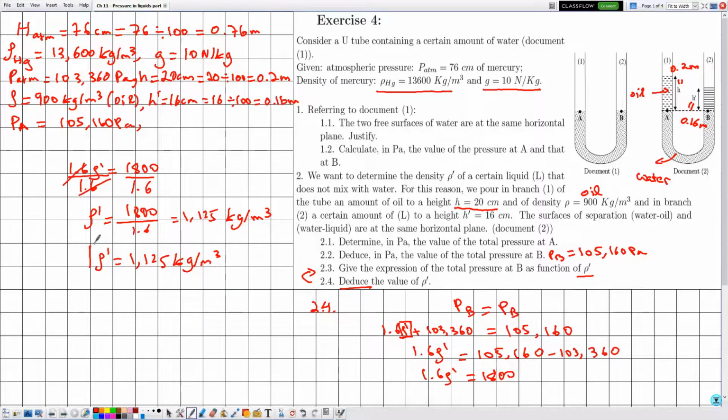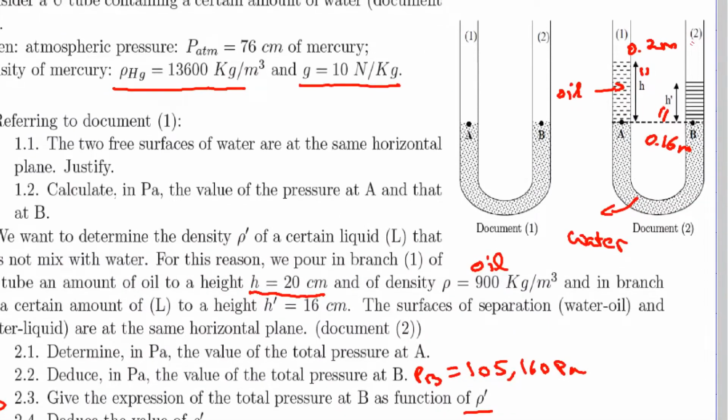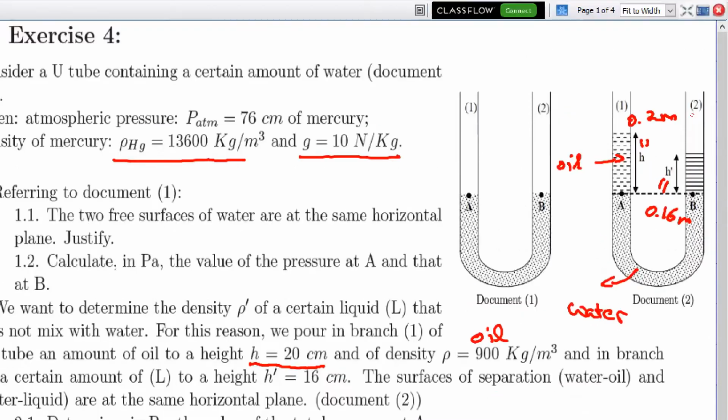And notice that here there is something wrong in this exercise. Why? The density of oil in this case is 900 kilogram per meter cube, and the density of water is 1000 kilogram per meter cube. So oil is floating on the surface of water, which is reasonable since the density of oil is less than the density of water.